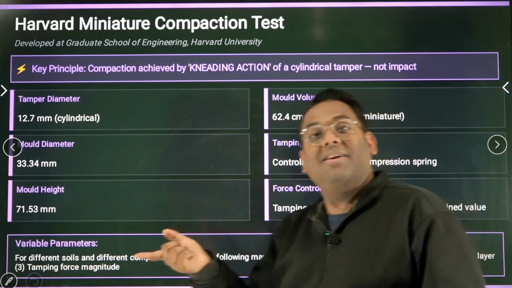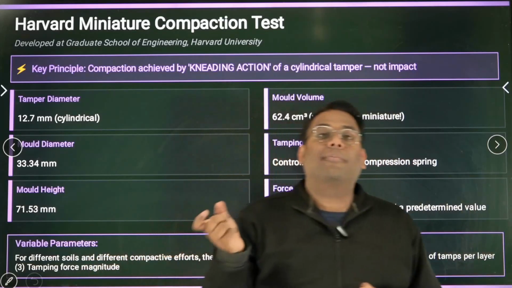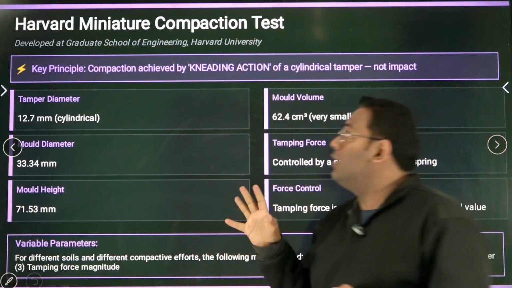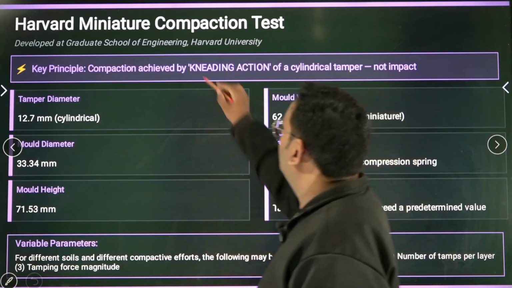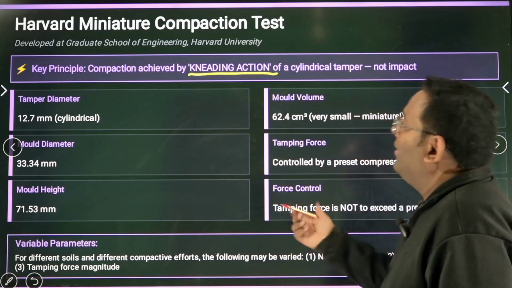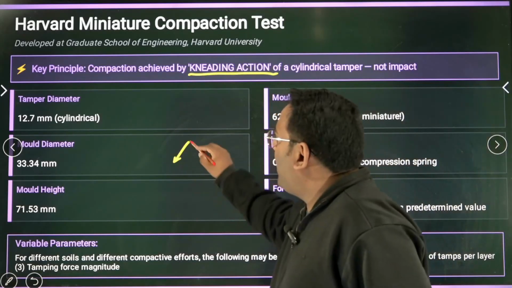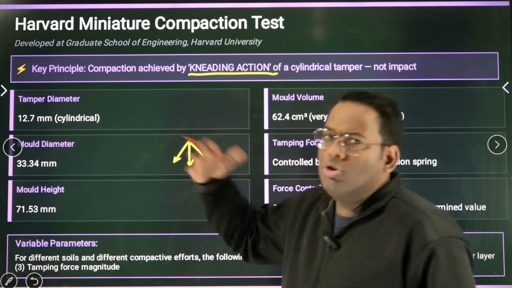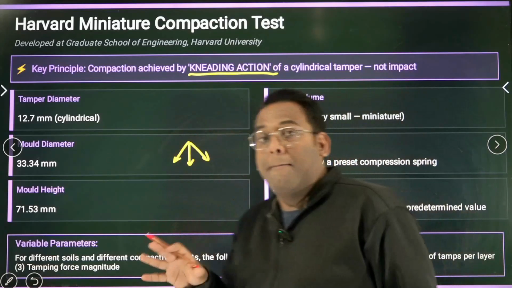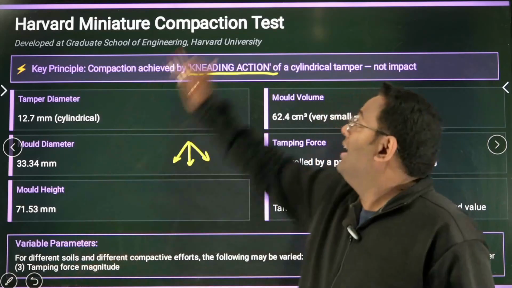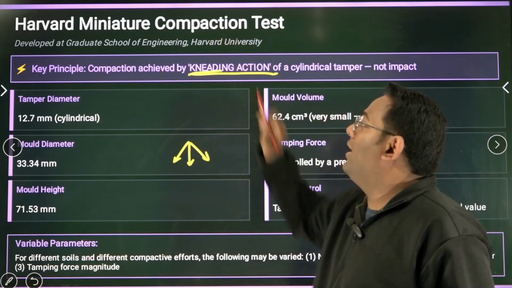In the previous tests, we saw that we were providing impact blows of the rammer. Here you perform the test to give kneading action. What is kneading action? Kneading action means you apply force in different directions. Although those forces are small, forces in different directions cause kneading of the soil.